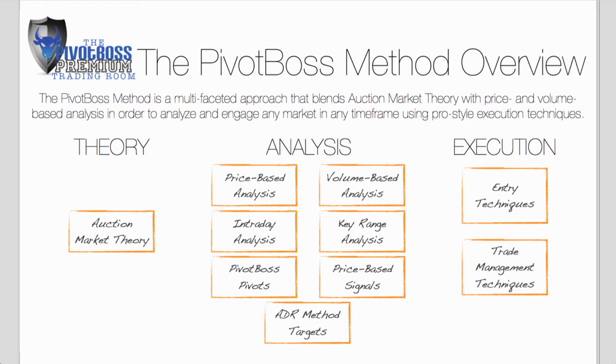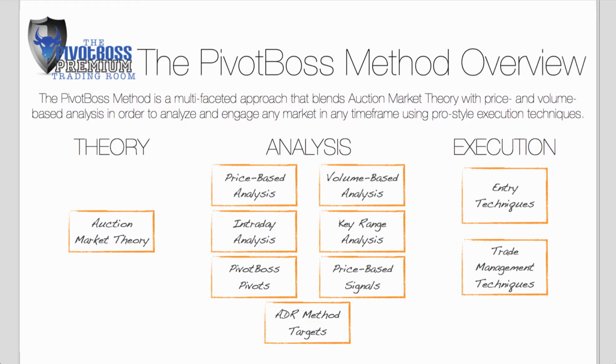It gives us what we need to know about price, about value, and how to see trade opportunities based off of those key metrics. So this theory is going to be very important, and it's going to set us up for how we analyze and execute the rest of the way. So that's going to be part one of the course.